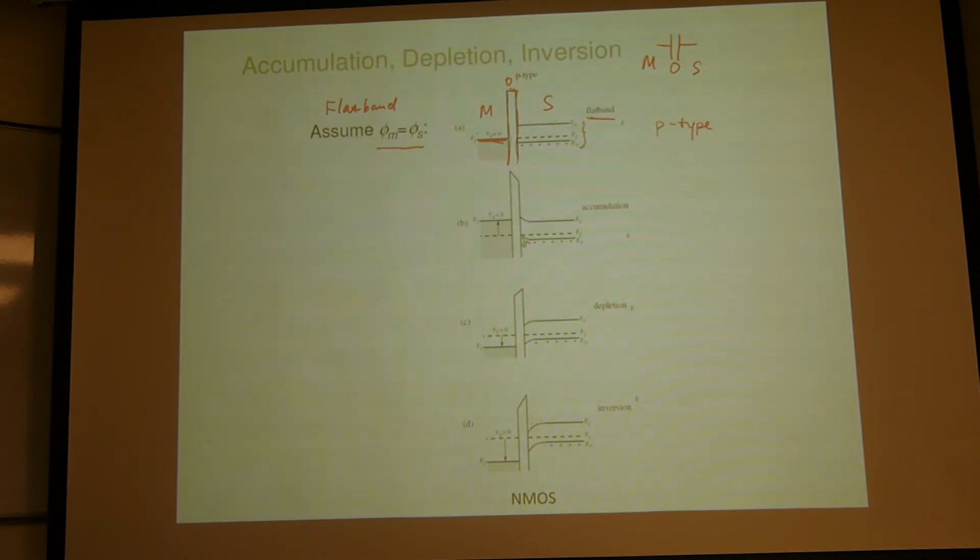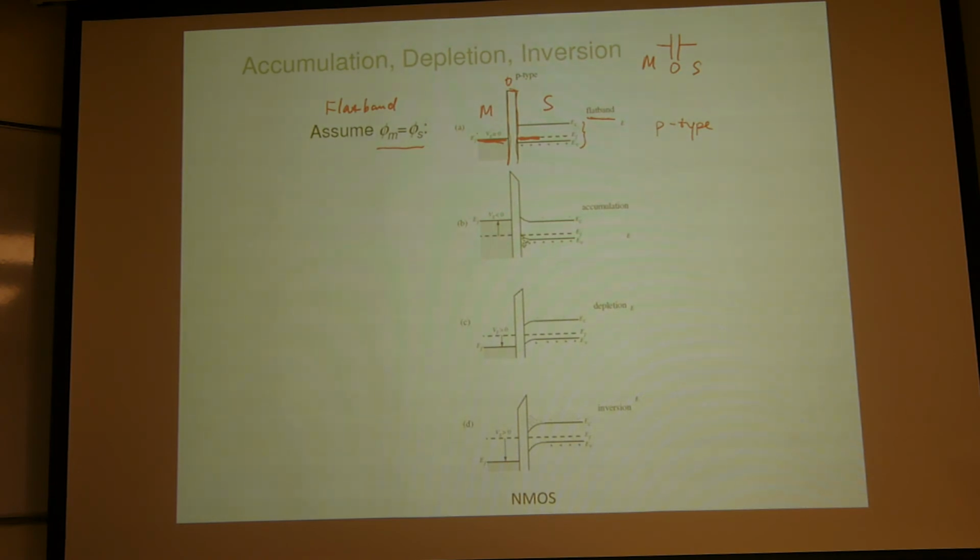This is the silicon p-type, and you have seen this before. So here, the Fermi level is lined up between the metal and the semiconductor. So this is the equilibrium state. And as we discussed before, in a single system, there's only a single Fermi level, so the Fermi level should be flat.